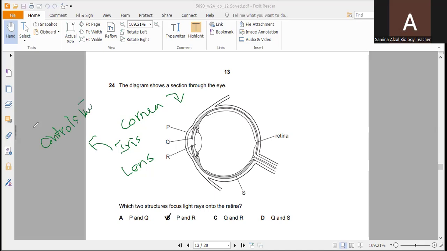The cornea will help the light to enter, and the lens will help to focus the light rays because it is meant for accommodation. So the cornea and lens help to focus the light rays onto the retina. So P and R is the correct option, which is B.